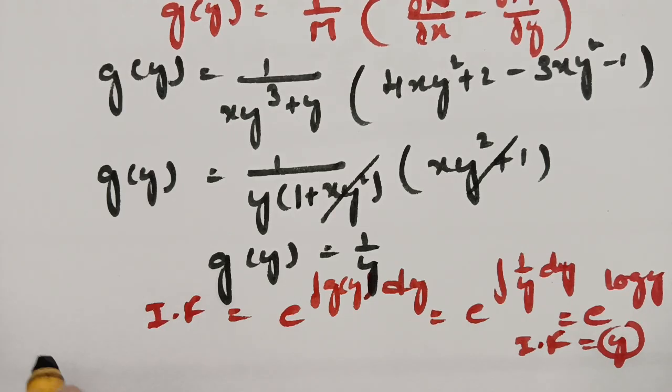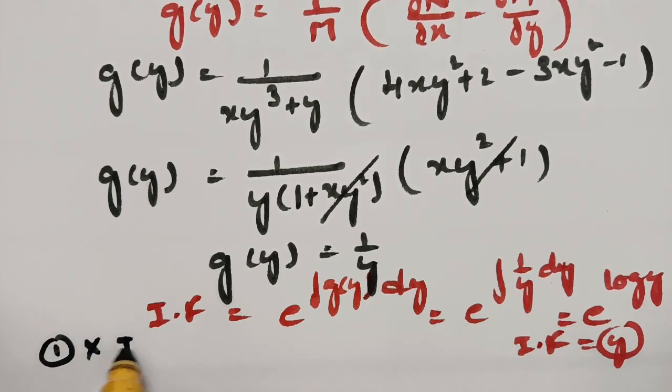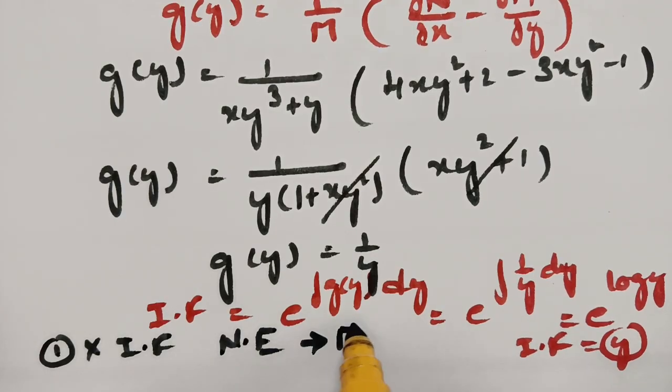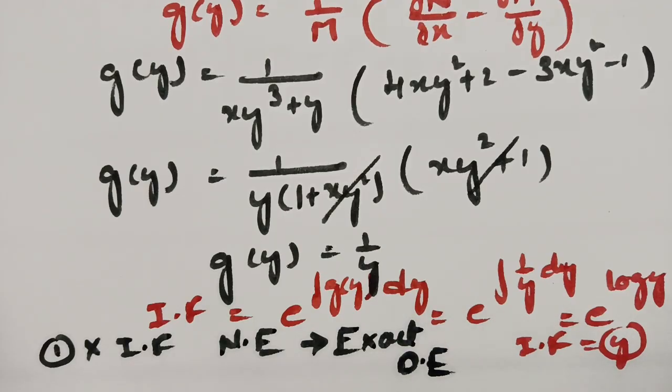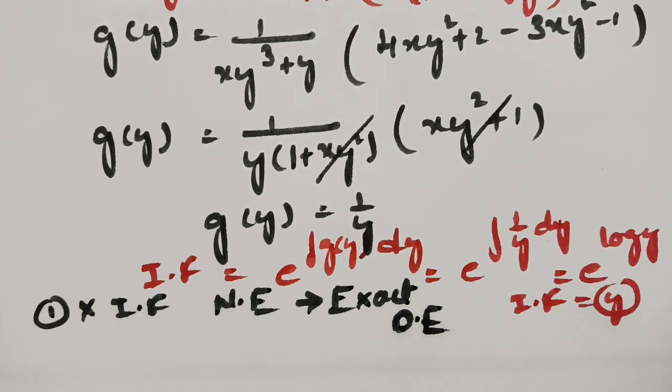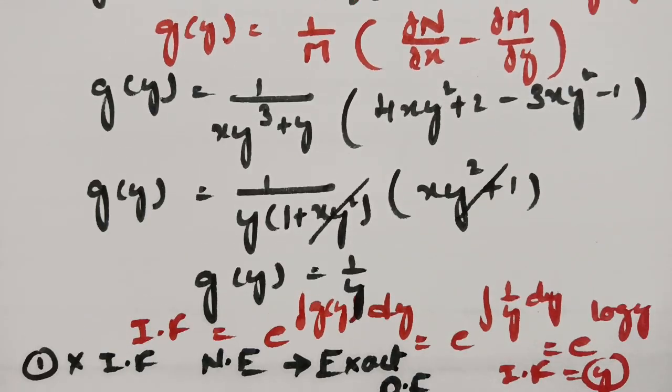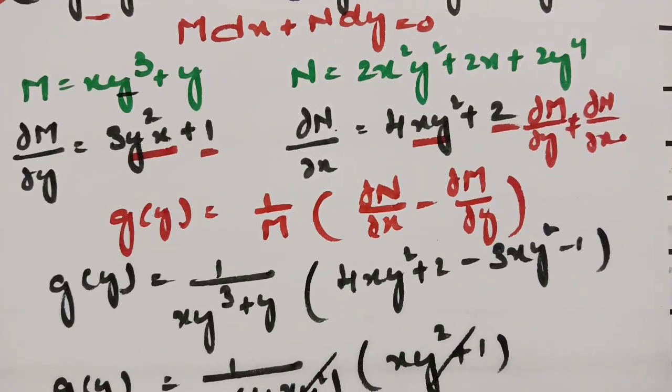Now if I multiply equation 1 by the integrating factor, this non-exact differential equation is going to turn into an exact differential equation. What is equation 1? Equation 1 is nothing but the question itself. So what is the question?